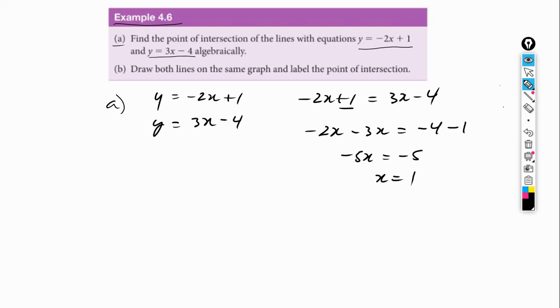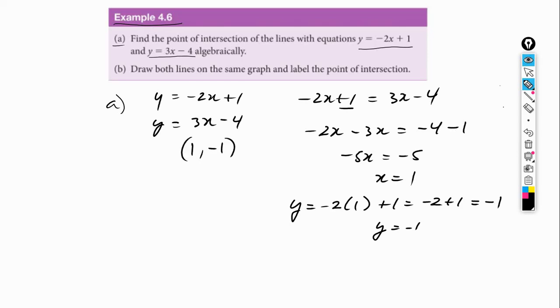So we're going to do it in the first one. So y is equal to minus 2 times 1, which is the value of x, plus 1, and this is minus 2 plus 1, which would give us negative 1. So y is equal to negative 1. Now, those are the coordinates of the point of intersection between both lines. So (1, negative 1).